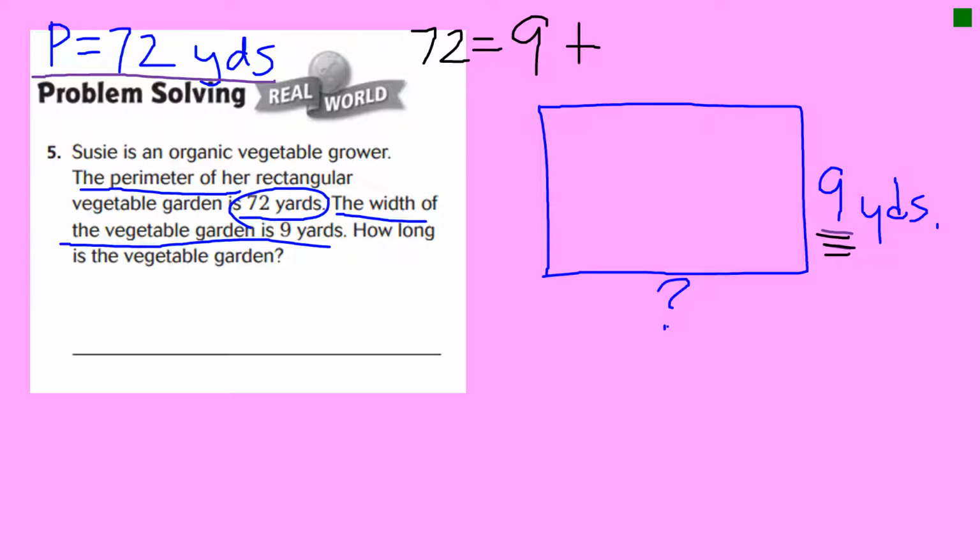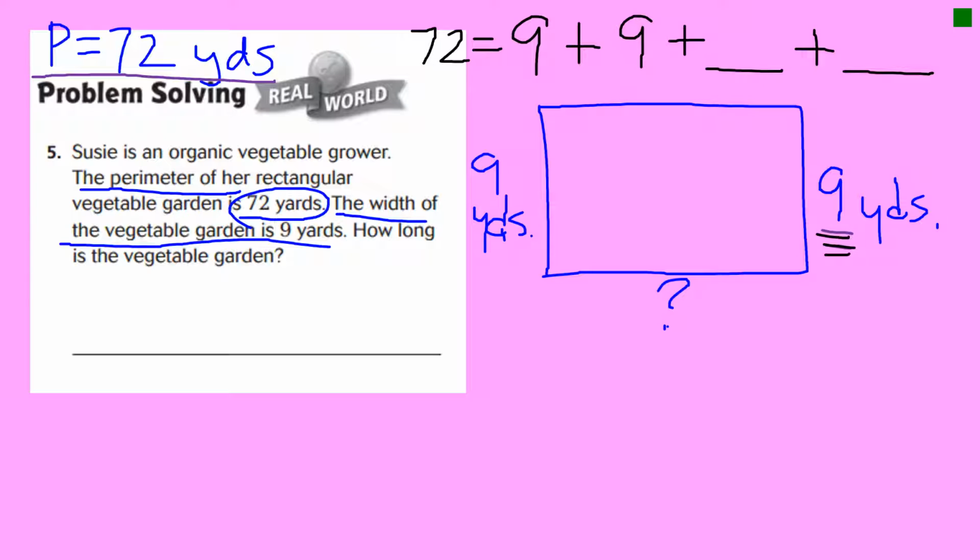We know that this is also 9 yards. We know a lot about rectangles, don't we? So another 9 yards plus the mystery length plus really the other mystery length because we don't know either one of those sides, do we? And a rectangle has 4 sides. All right, so 72 equals 9 plus 9 plus blank plus blank.